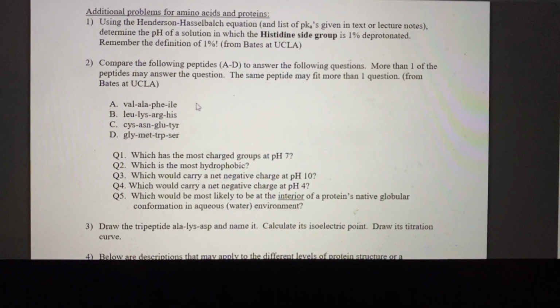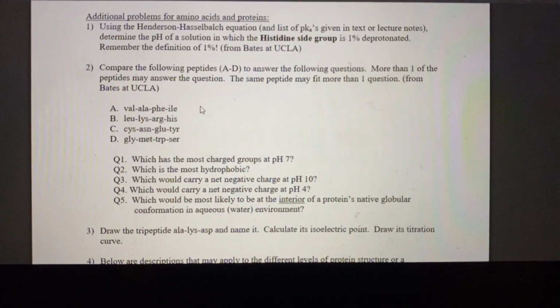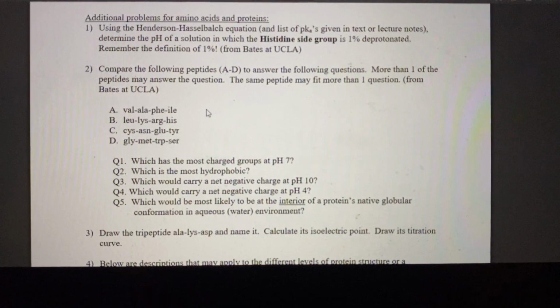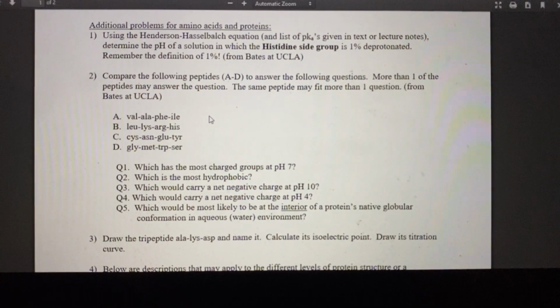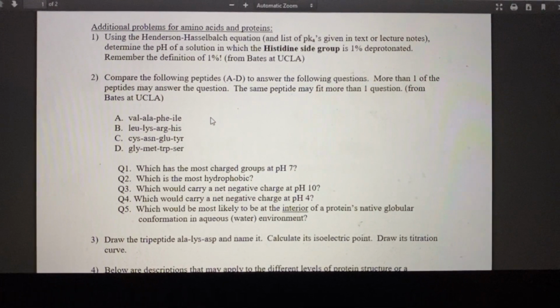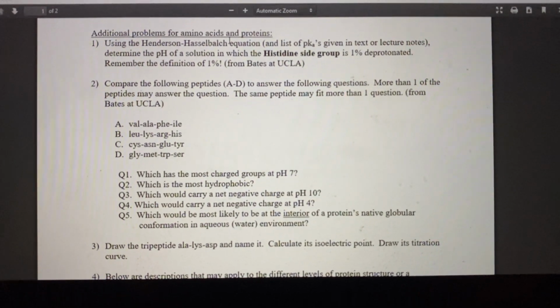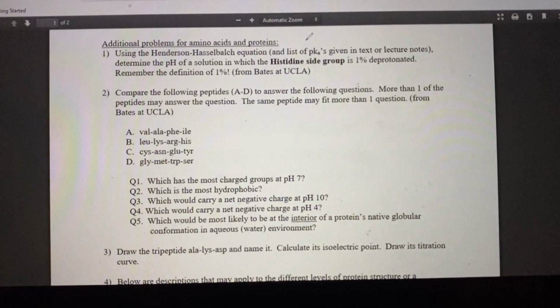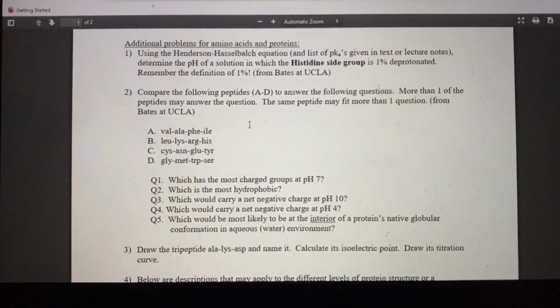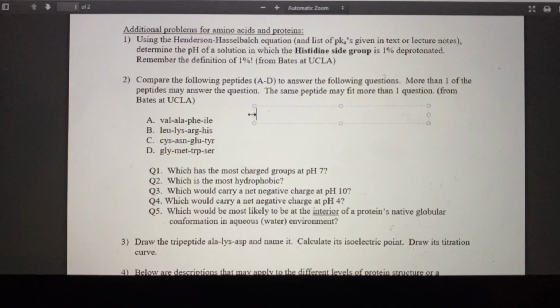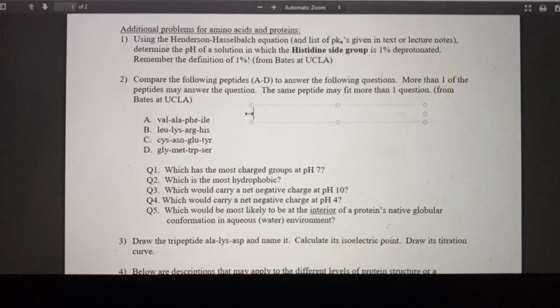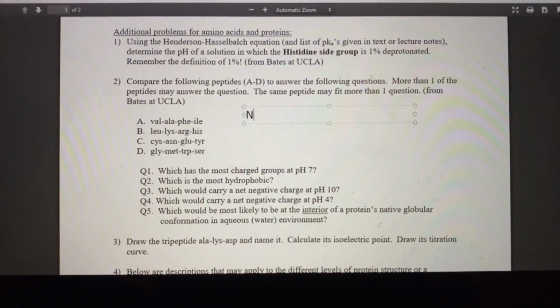But for all of these peptides, please keep in mind it's assumed, and you want to do it at pH 0 initially. So you want to assume, even though it's not shown, like for A, you want to start out at pH 0 before you answer the questions and then change it. So have it written at pH 0.